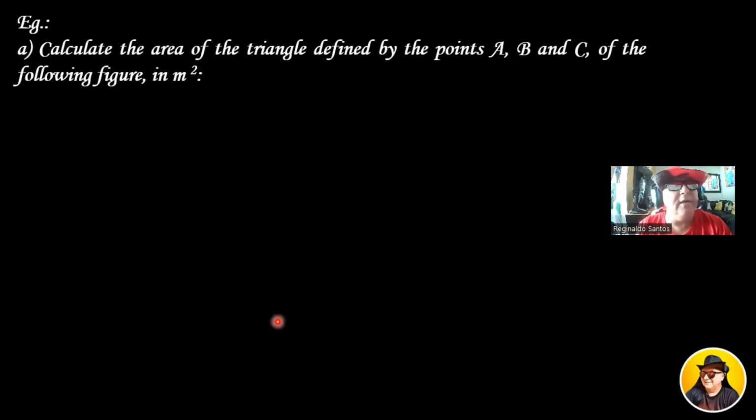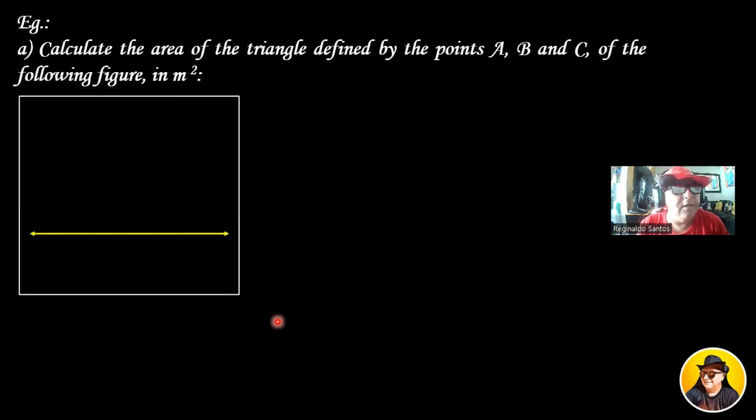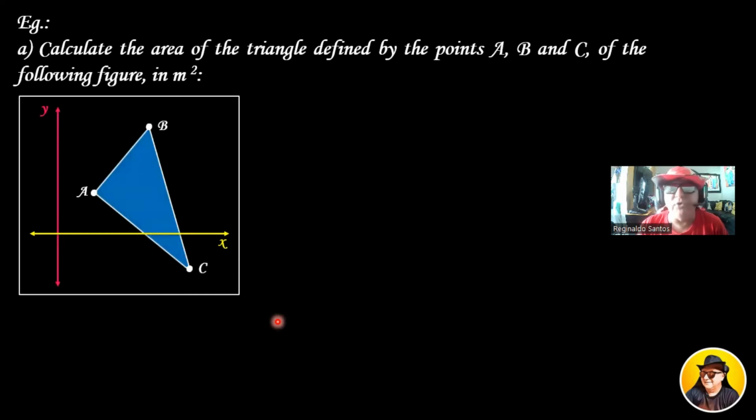Okay, so example A: calculate the area of the triangle defined by the points A, B, and C of the following figure in meters squared. Let's see the Cartesian plane here, x and y, and we have points A, B, and C. Now we have a blue triangle, with the coordinates of point A, point B, and also of point C. So let's show you.